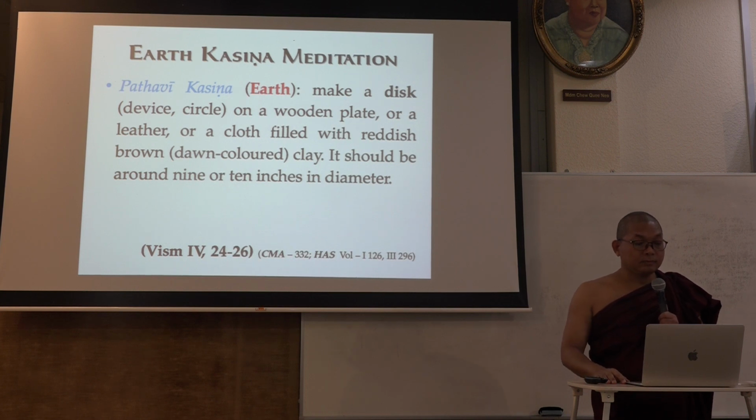Pathavi Kasina, in English, earth. Make a disc or device or circle, whatever you call it. So you make a disc on a wooden plate or on leather or cloth, filled with reddish brown clay. It must be around 9 or 10 inches in diameter, because if it is too big, you cannot look at it, right?